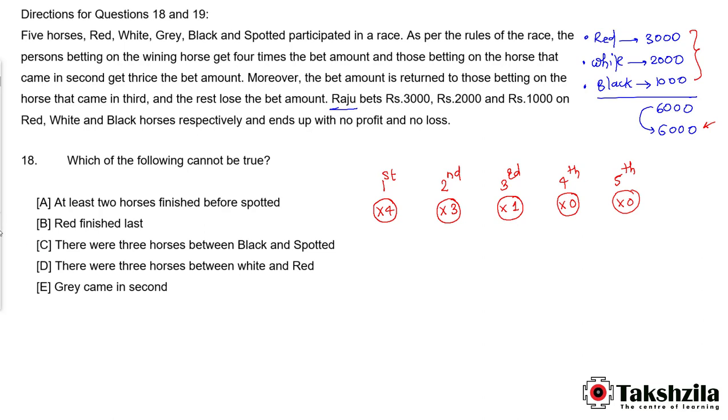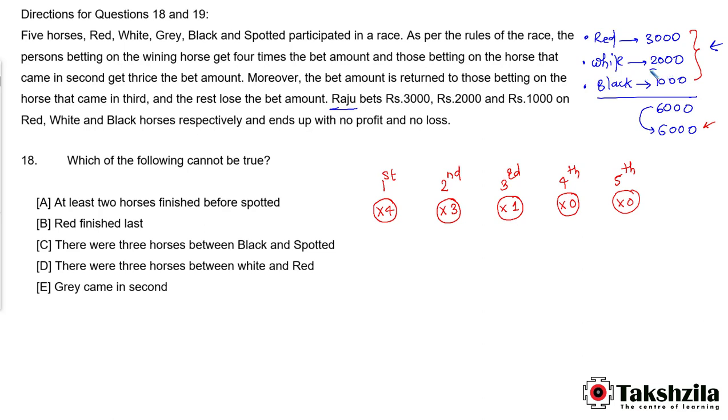So let's do some trial and error. We need to do some trial and error over here. So what we can do is the first possibility. Let's say in the first possibility we need to get a total of 6000 rupees by using these three bets. So the first is white, which is on 2000.